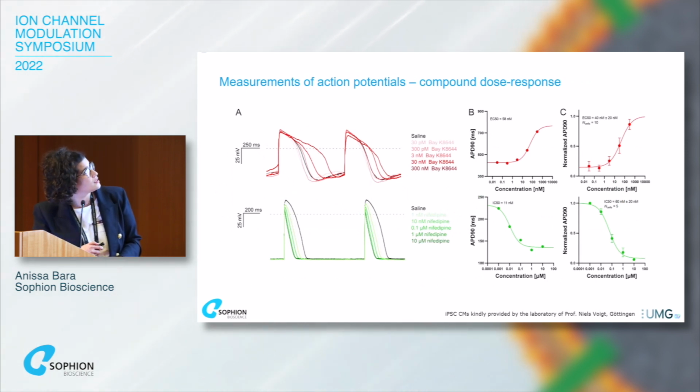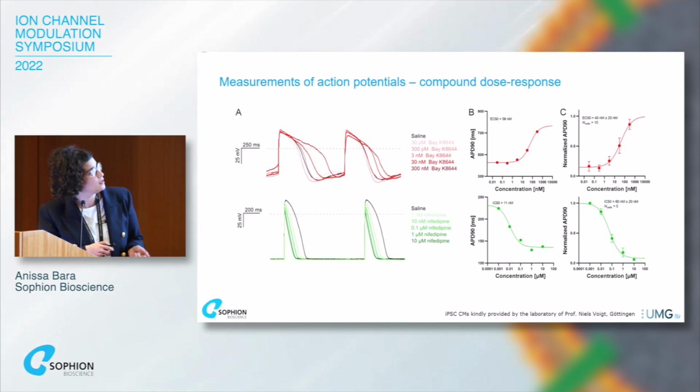As you can see here on the upper left panel, we used an opener of the CaV1.2 channel, Bay K8644. In light red is the lowest dose, and in dark red the highest dose, and we can see that we can increase this APD90 value.